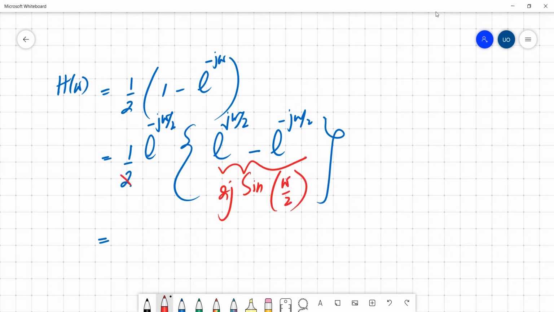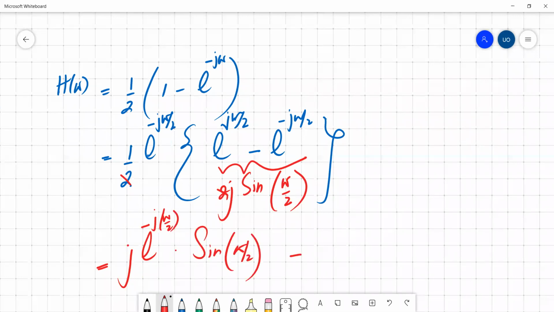This 2 cancels out. If you simplify it, you have a j term and e to the power minus j omega over 2, so I'll write j e to the power minus j omega over 2 times sine omega over 2.